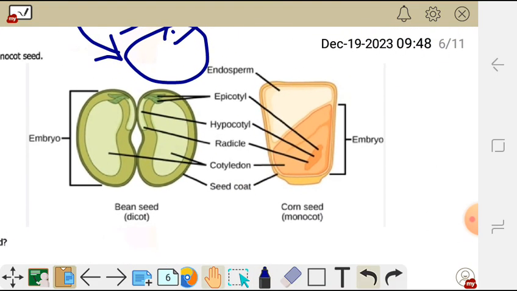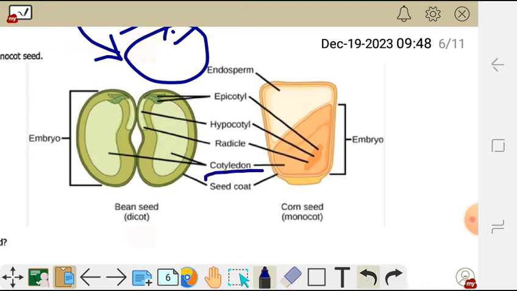So we have this diagram here. This is a dicot and this is a monocot seed. In a monocot seed, we have this part which is called the endosperm, this part here. It is not present in a dicot seed. All the other parts are there. The radicle is in both the monocot and dicot.